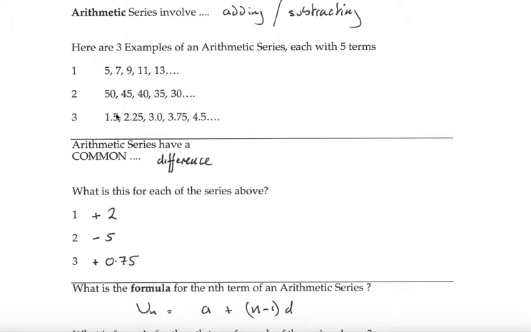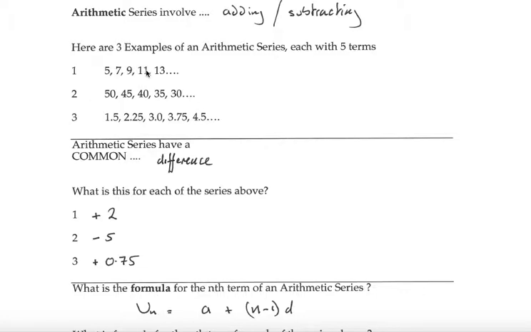So how about if we want to find out the 100th term in this sequence, and we don't want to have to work through all the preceding 99 terms to get there? Well, what you can see is that for the second term, I started at the beginning and added on 1 difference. For the third term, I added on 2 differences.